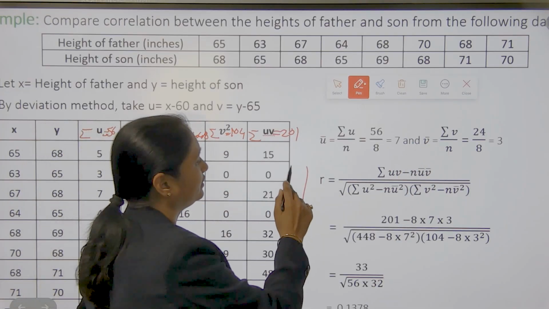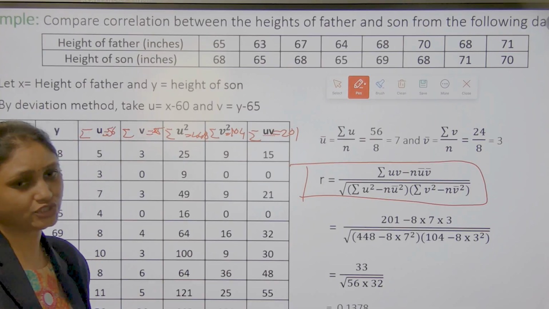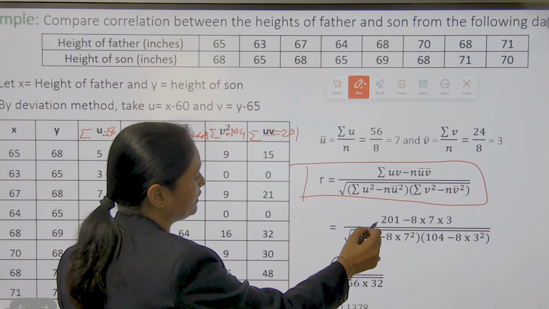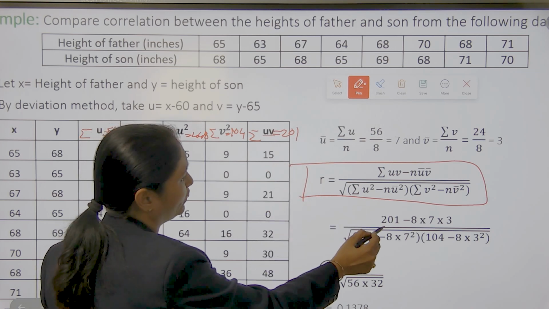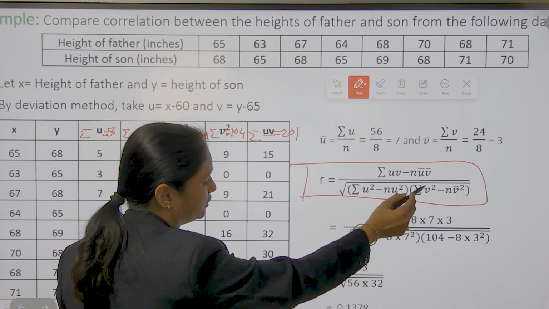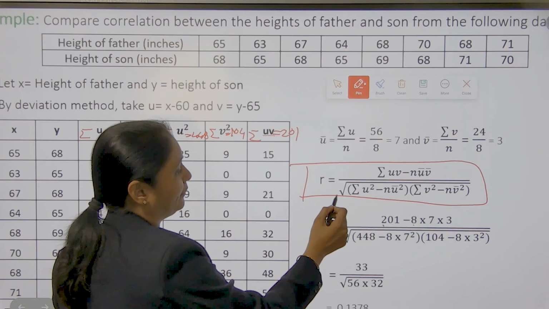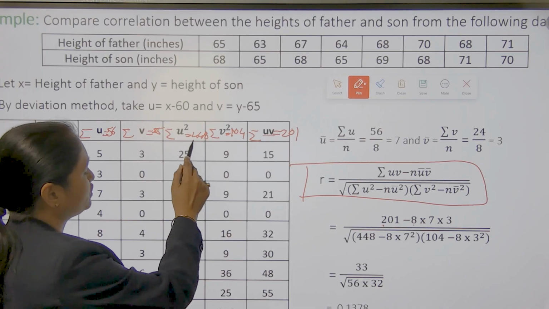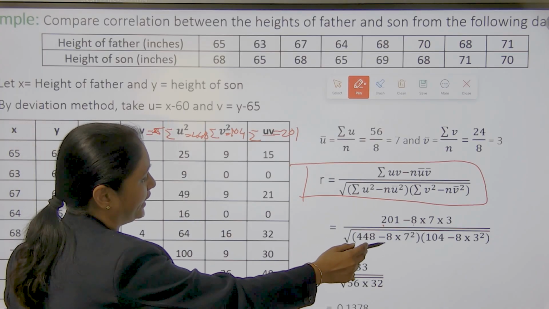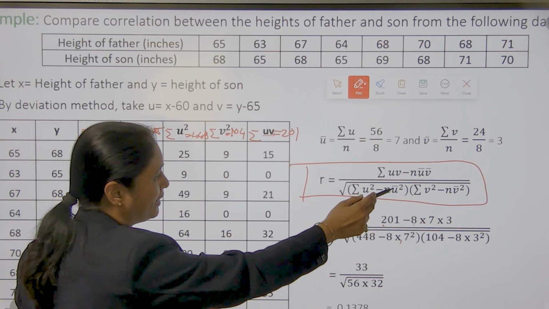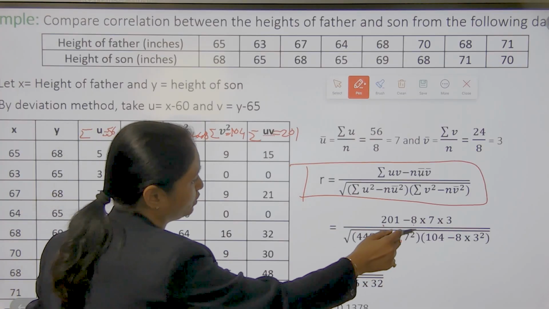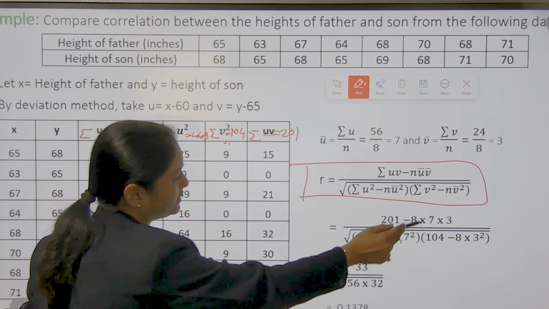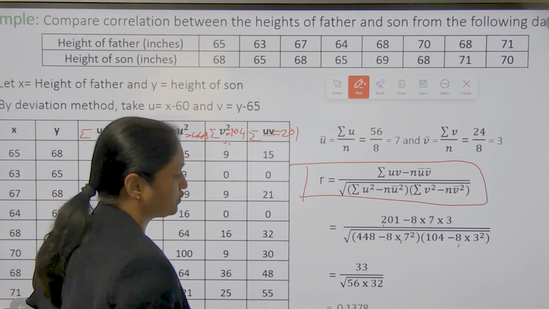Now this is the formula to calculate the correlation coefficient r. So putting all the values here, summation uv is 201 minus n, which is 8, into u bar, 7, into v bar, 3, upon square root of summation u square, 448, minus n, that is 8, into u bar square, that is 7 square, into summation v square, 104, minus n, which is 8, into v bar square, that is 3 square.